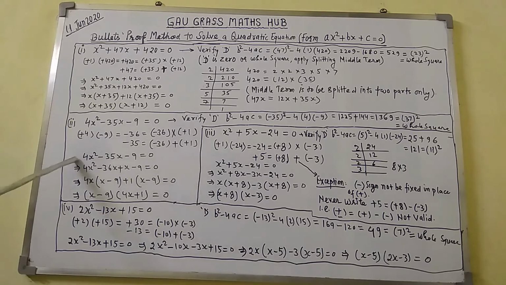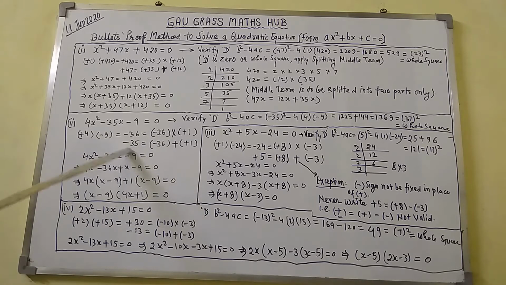Now what will we do here? Write the coefficient of x square, which is plus 4, and here the constant value minus 9. The two values get multiplied together, and the result will be minus 36.